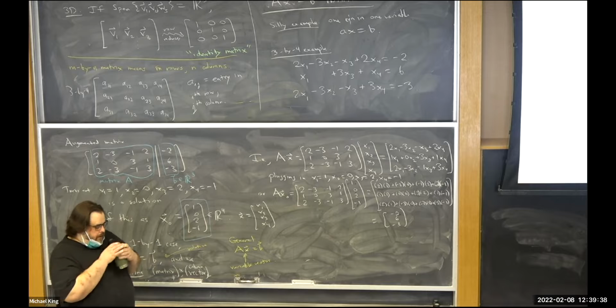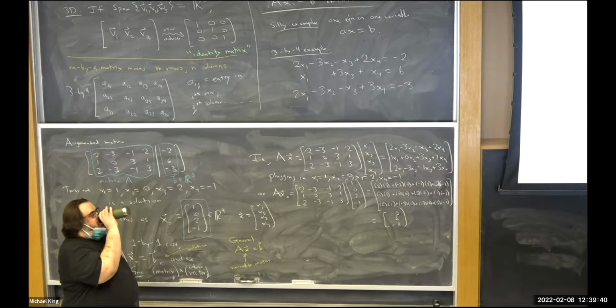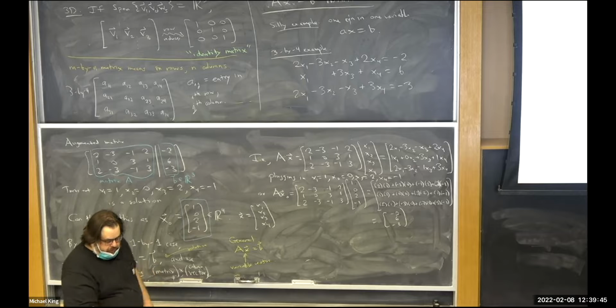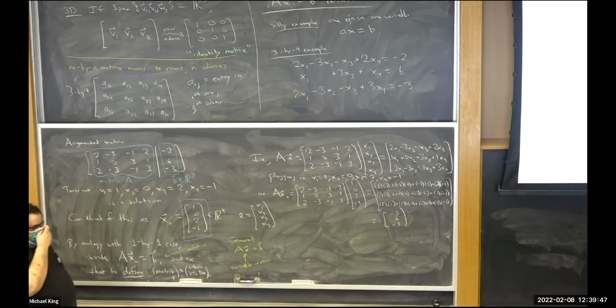We've been thinking of the columns as vectors. That is true, I see what you're saying. This is just like a computational shortcut in our heads for how to multiply matrix times vector.